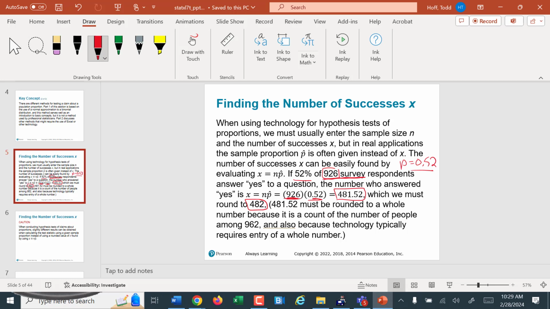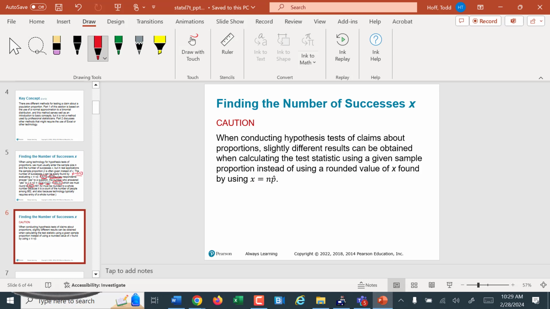It could be 481 because we don't know where this percent was rounded. That might have been 51.5%. It got rounded up to 52%. Well, then the real number would have been 481 rather than 482. So there is a little bit of error that is introduced because of this. And that's what this is cautioning, that because of that calculation having to be rounded, there can be some error introduced into our test.